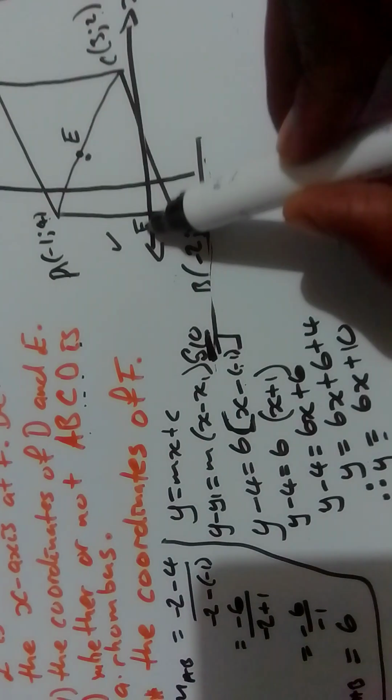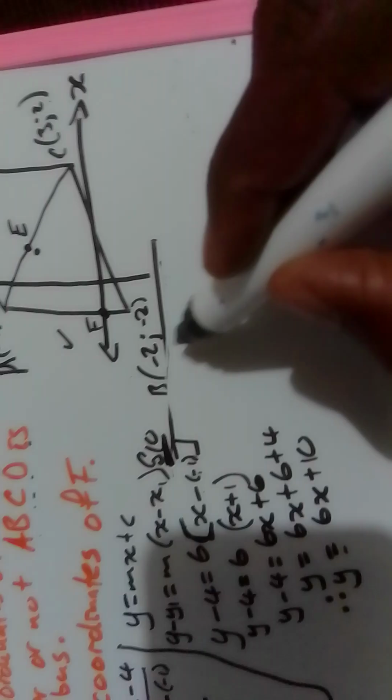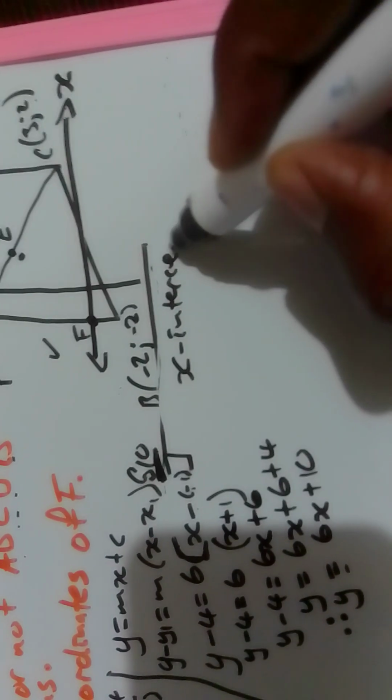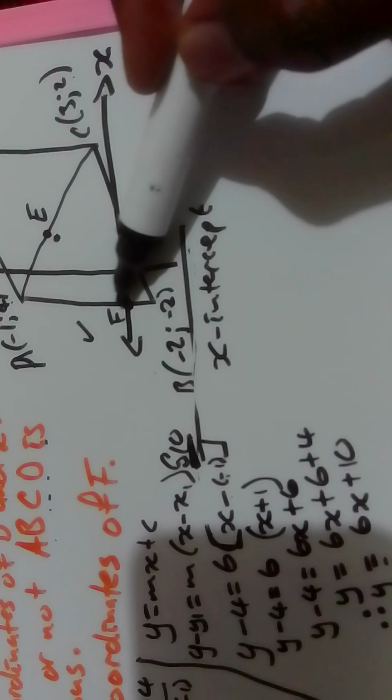But remember, they want the coordinates of point F. And what do we know? We said that point F is located here on the x-intercept. What do we know about the x-intercept? Whenever you're having the x-intercept, as you can see, there is no y on top or at the bottom.